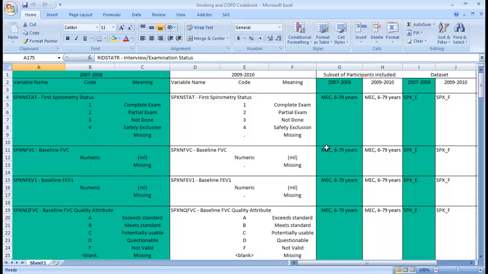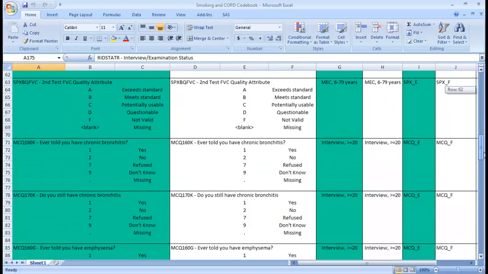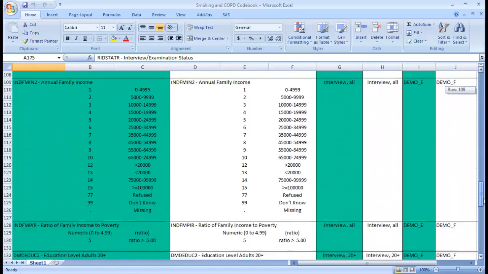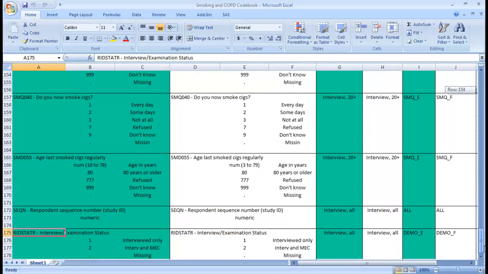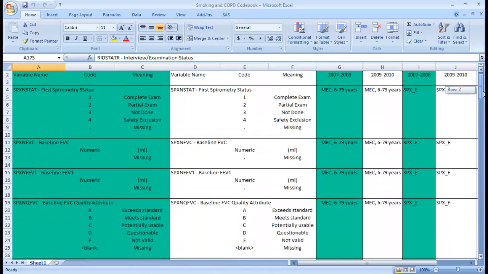I wrote down that these were individuals aged 6 to 79 years who attended the mobile examination center. So what we're looking for is the smallest group for any single variable that's going to be included in our model, and that's the weight that we're going to use.